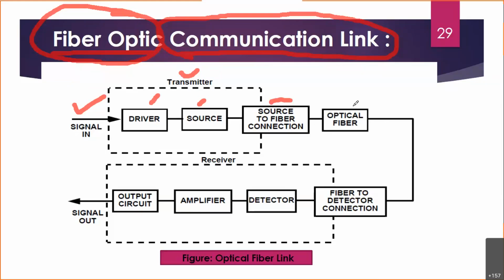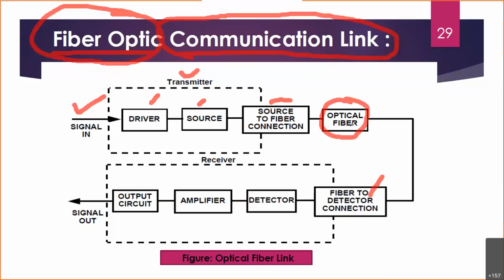This optical fiber is the medium, as I said. And again you require a connector. You see, this is nothing but the connector only. If you carefully see the two sides, on one side of the optical fiber you need a connector, and on the second end of the optical fiber again you need a connector.